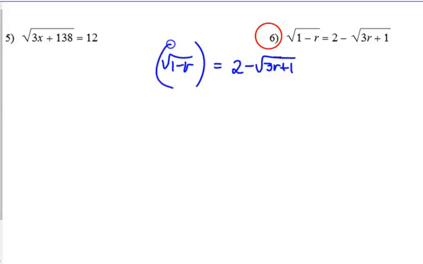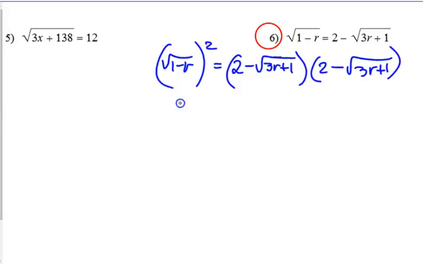Okay, on the left side, you're just going to square. On the right side, when you square it, you have to FOIL it out. Okay. This just gives you 1 minus r. Over here, 2 times 2 is 4. 2 times this would be negative 2 square roots of garbage.